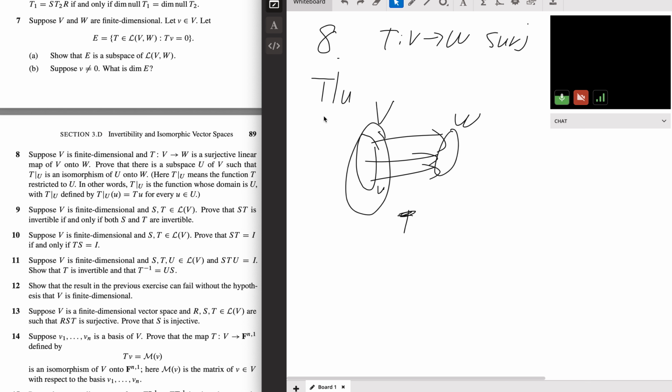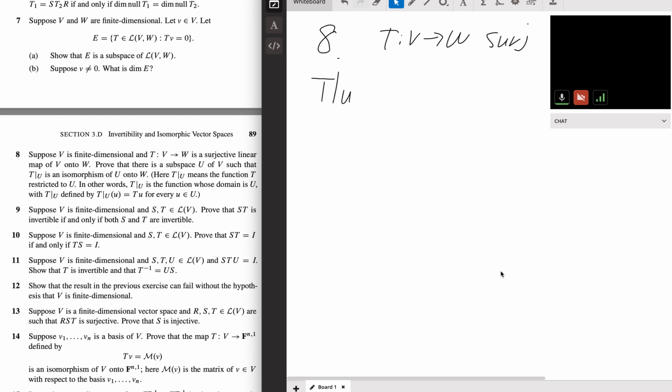I think this looks perfectly reasonable to start off. But perhaps it's not so easy to find such a subspace. One of my first thoughts is to form a basis of W, W1 through Wm, because everything is finite dimensional.